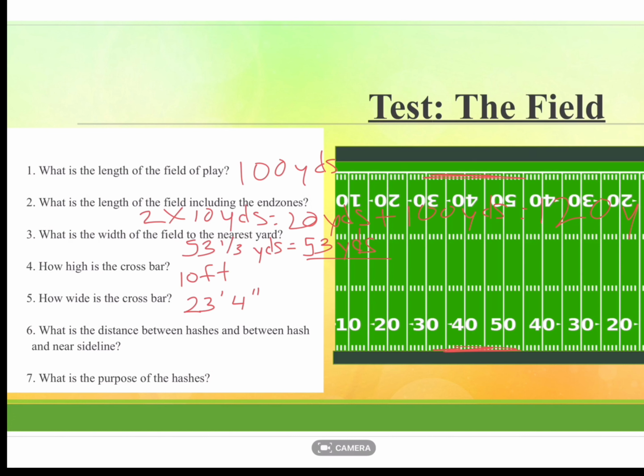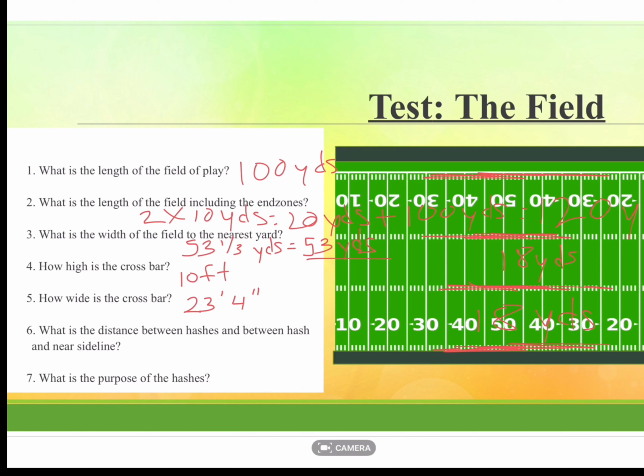All right, number 6, what is the distance between the hashes and between the hash and the near sideline? So if you remember, the hashes and the sidelines split the field into 3 equal segments. And the width of those segments is 18 yards. So 18 yards from the sideline to the hash, from the hash to the hash, and from the hash to the sideline.